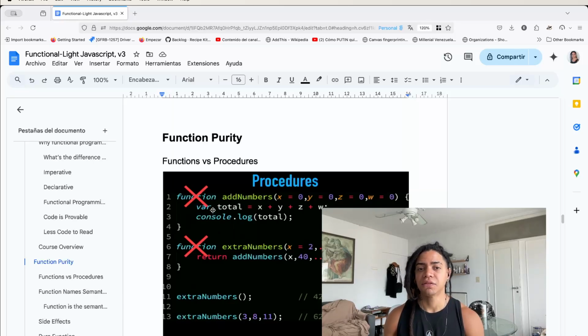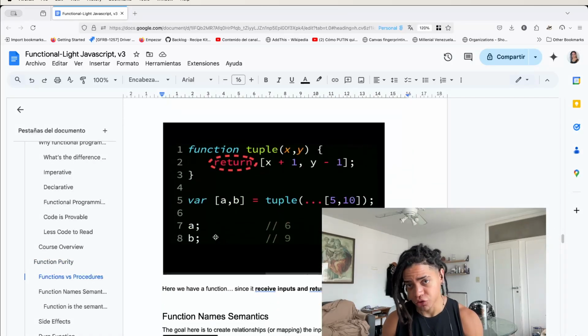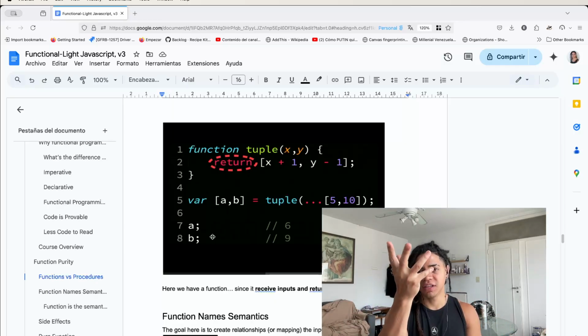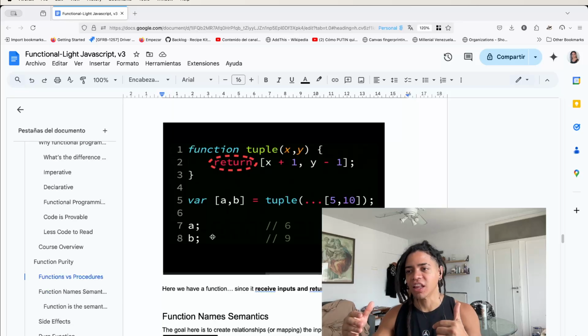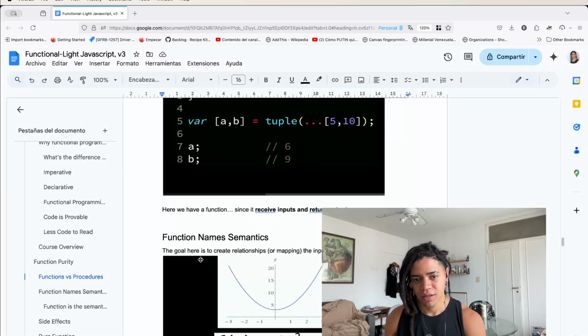But now, if we have a true function, it takes inputs and returns something based on the inputs. So a great way to describe a function is: what is the relationship between the inputs and the outputs? That's the next step in describing what the name and the semantics of this function are, based on the relationship between its inputs and the computed output, right?